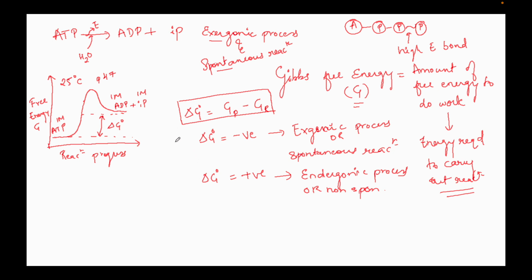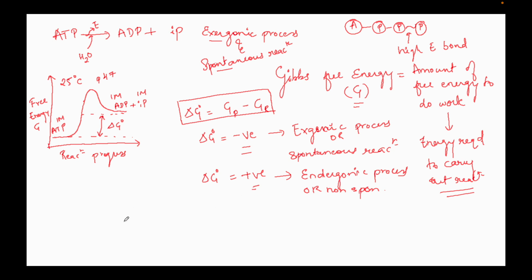All reactions, in order to be feasible, that is spontaneous, need to have a negative delta G. If it has a positive delta G, then we have coupled reactions in which the overall delta G is eventually negative, and thus the non-spontaneous reactions are coupled to spontaneous reactions inside the cell to make them exergonic.